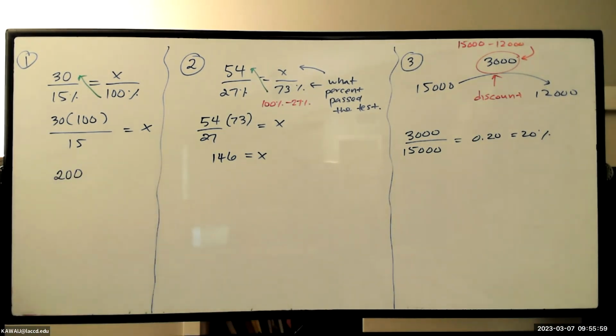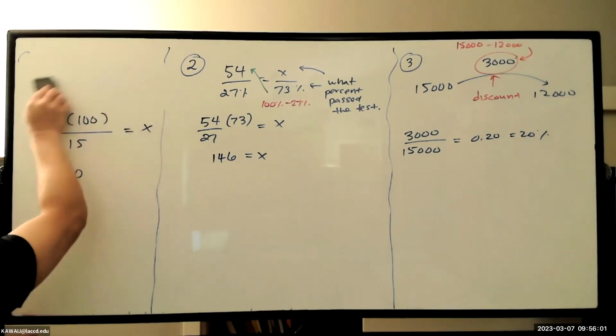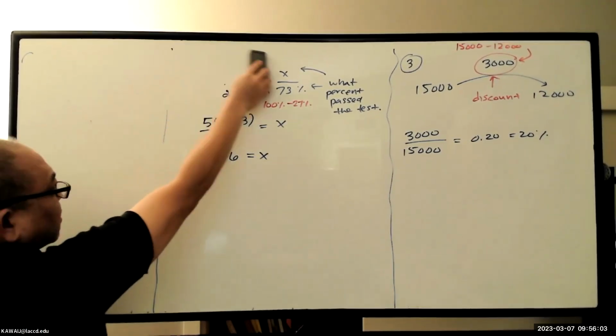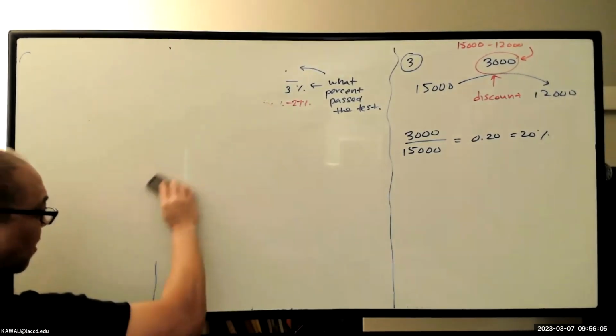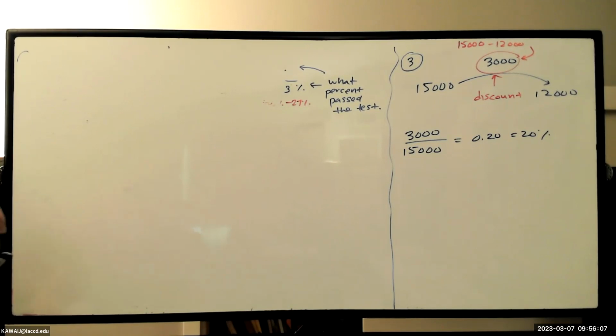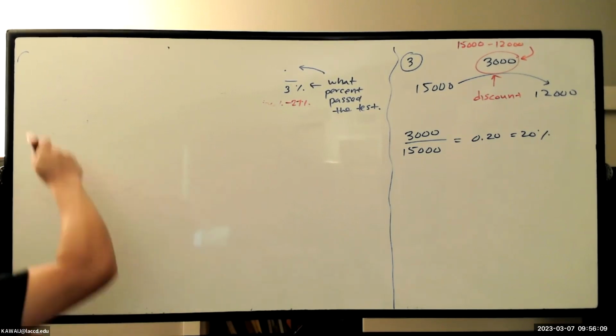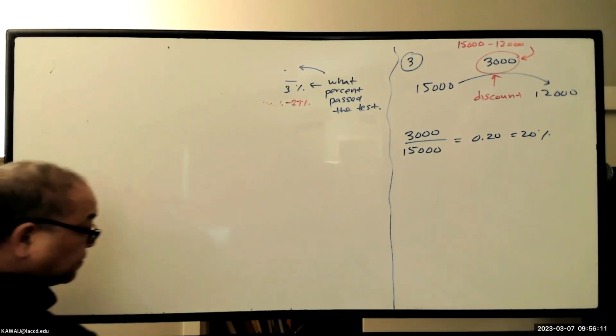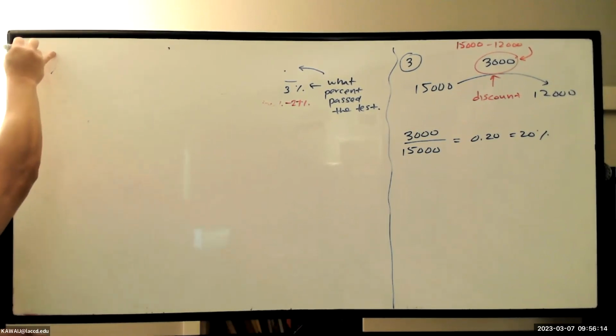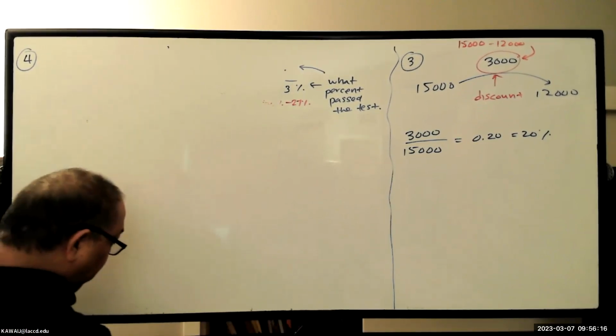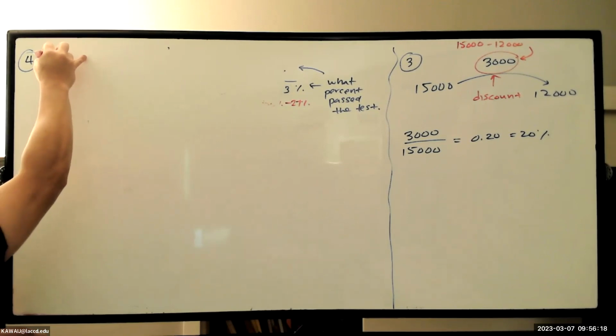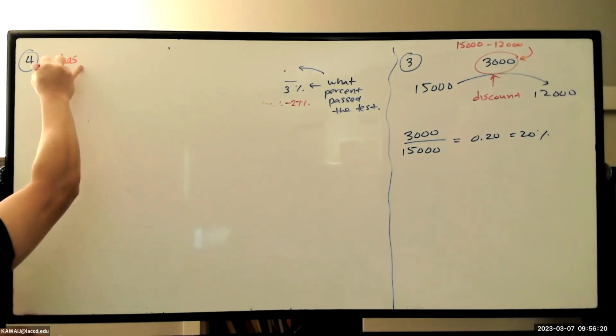So let's separate this into 2 groups. It looks like we have 2 groups. We have the group that has blue eyes.